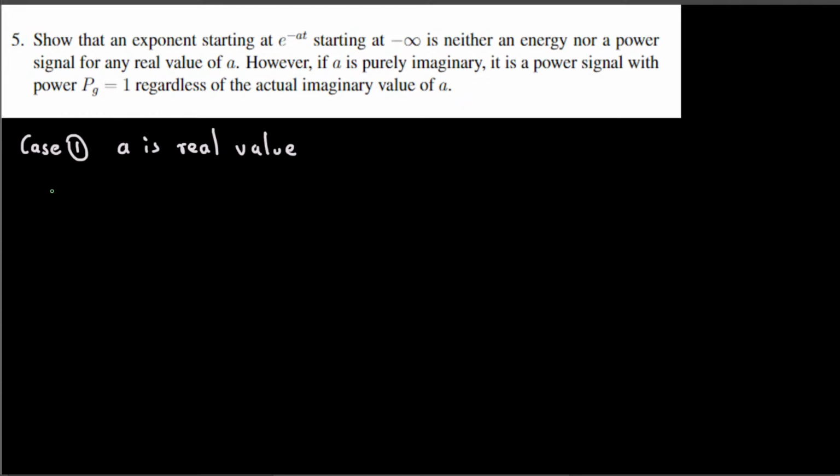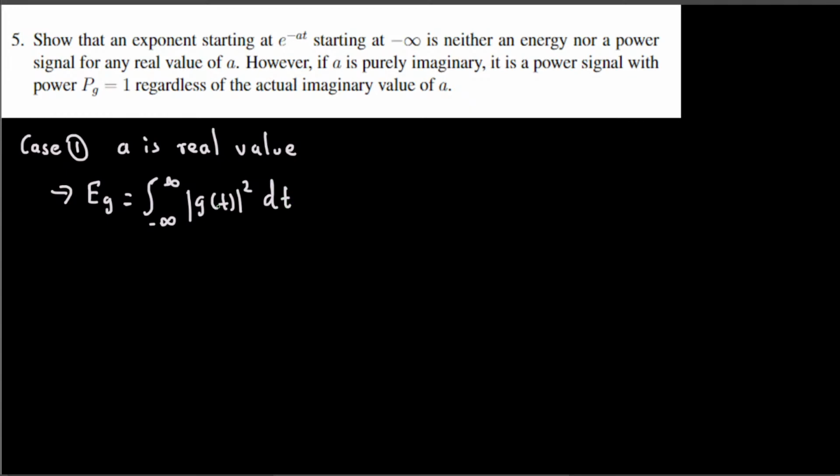The energy of the signal can be calculated using this formula: Eg is equal to the integration from negative infinity to infinity of the absolute value of g of t squared dt.